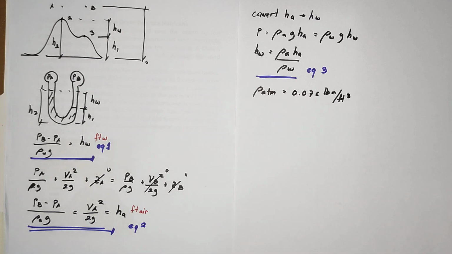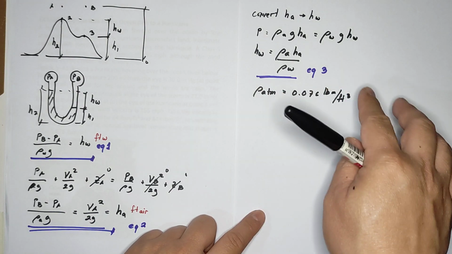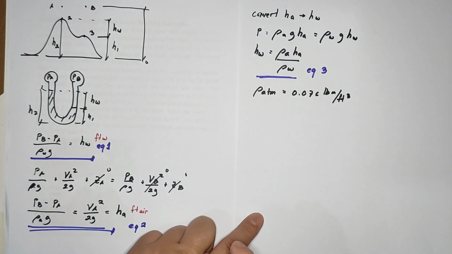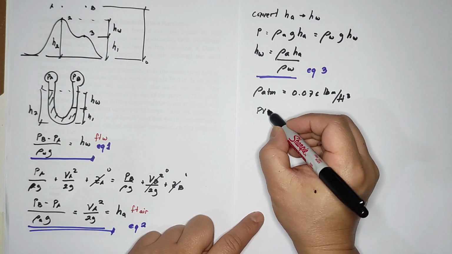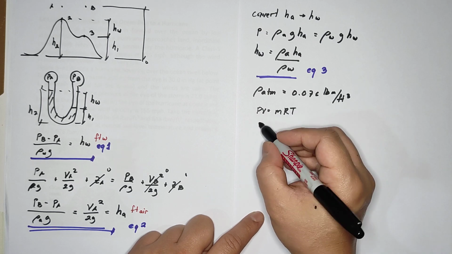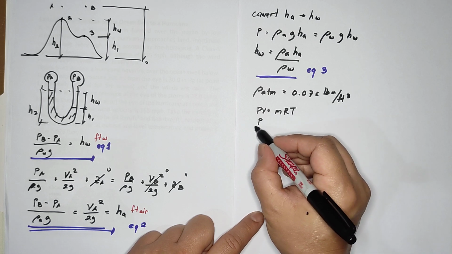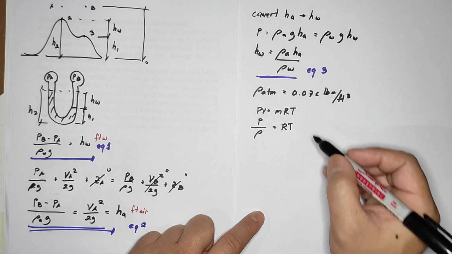Now, we can convert this density into another density with a different pressure by using the ideal gas equation. The ideal gas equation is PV equals mRT. Or let's rearrange it, that is P times density equals RT.